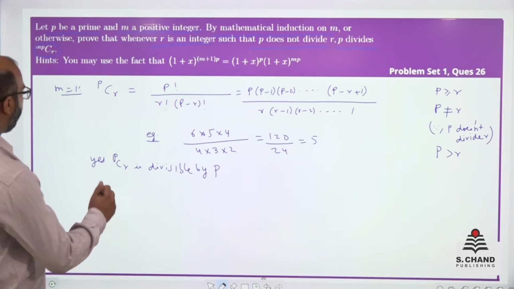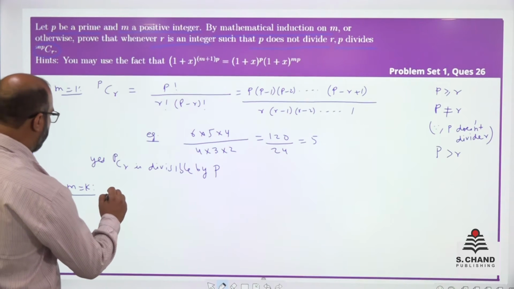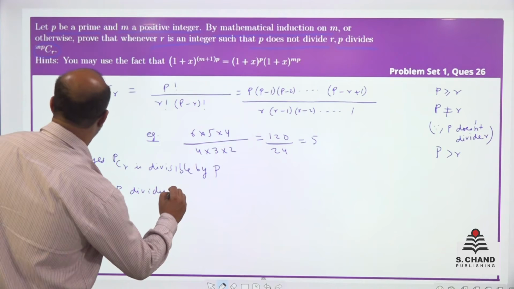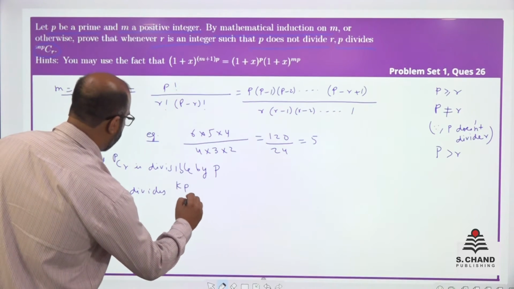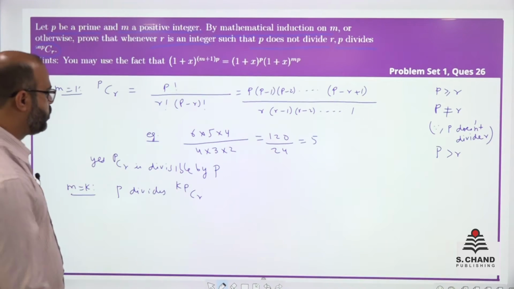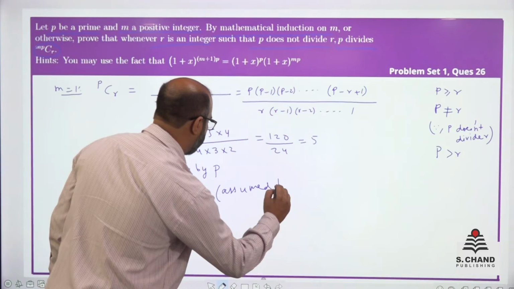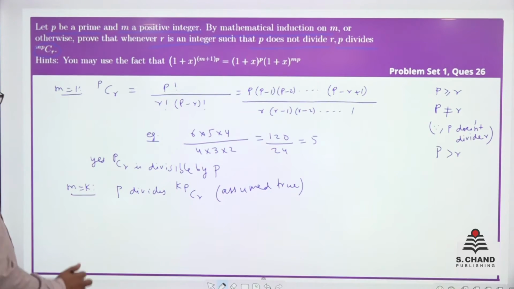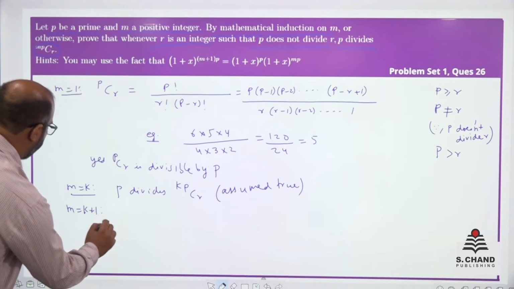Now, for m is equal to k, we assume it to be true. So, p divides kPCr. This is true. Next, we have m is equal to k plus 1.